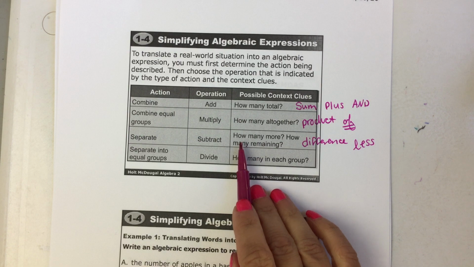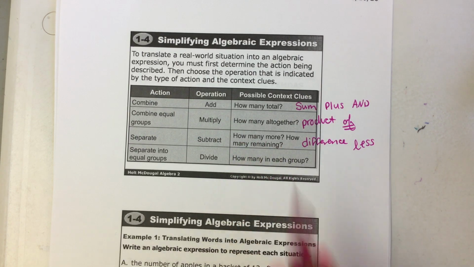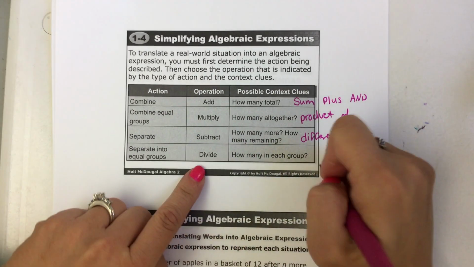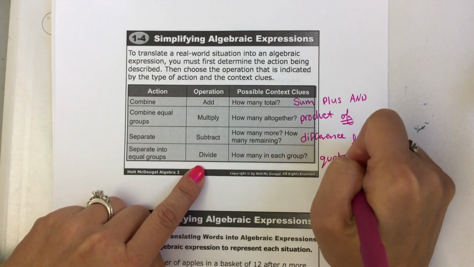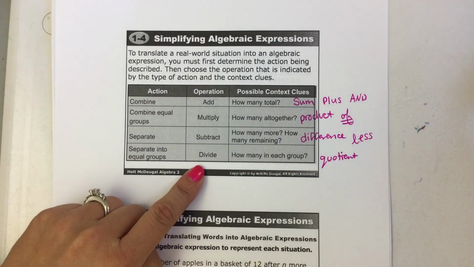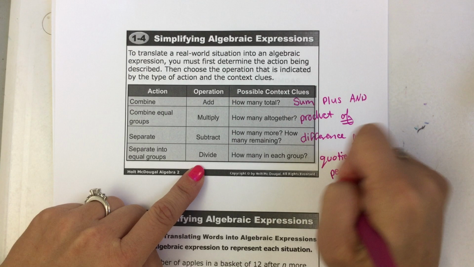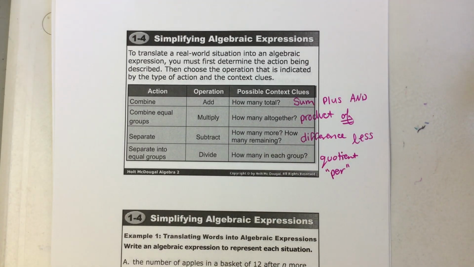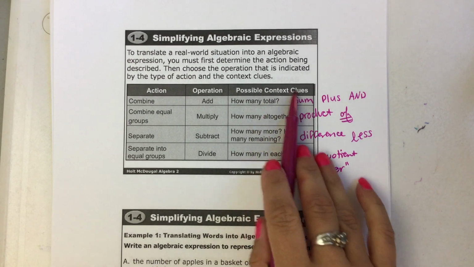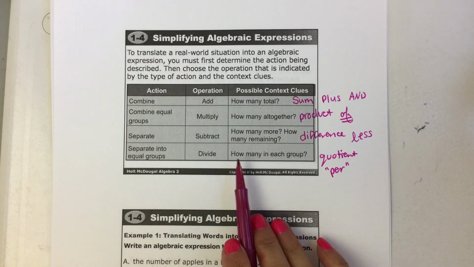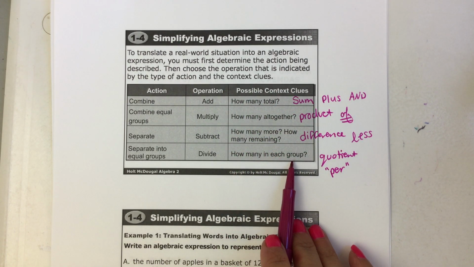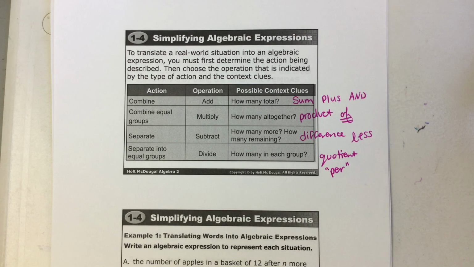The question might say how many more or how many are remaining. Divide. When you divide, the solution is called the quotient. A key word with divide is per. Per means you are dividing. If you are reading a question, it may say how many are in each group. So you're starting off with a larger amount and you're separating it or dividing them into groups.